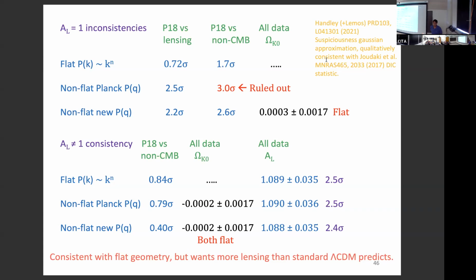The other point that I think is really significant here is that there's no effective A_L inconsistency with the Planck weak lensing data as determined from the correlation functions, et cetera. So this is something that occurs in our spectrum, and it only occurs in the power spectrum. People were doing this, and so we just followed.